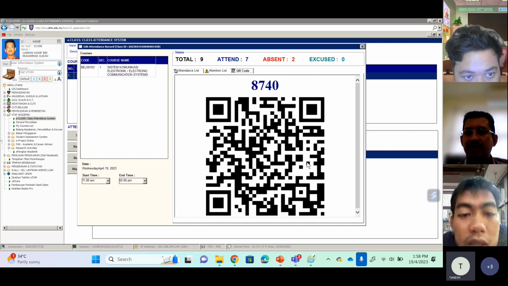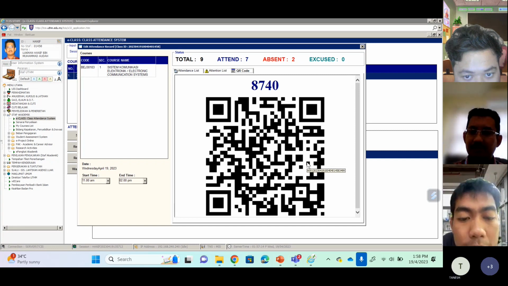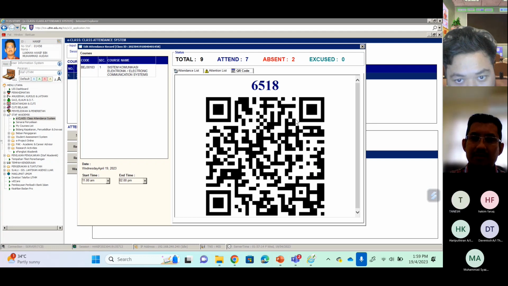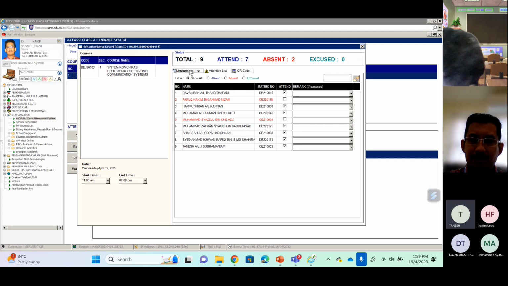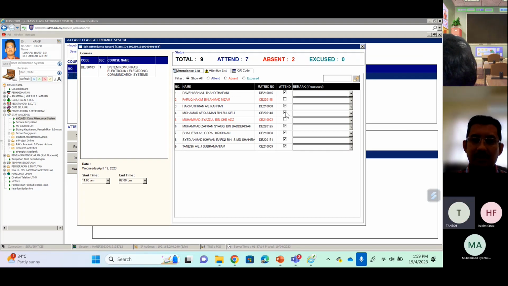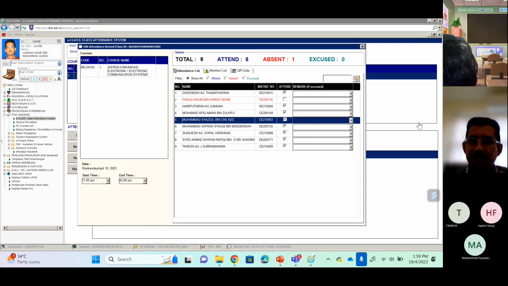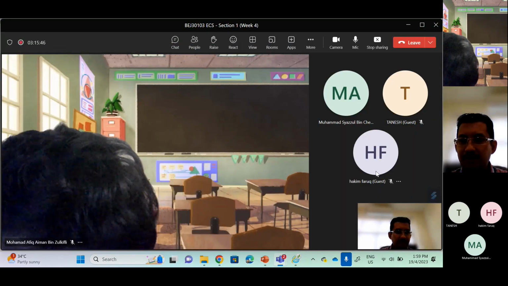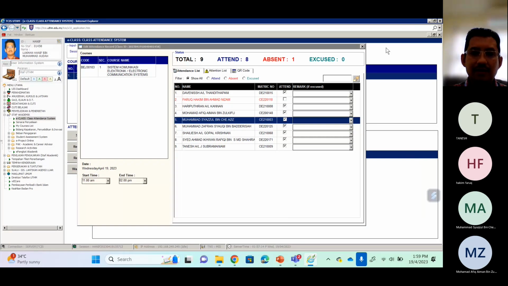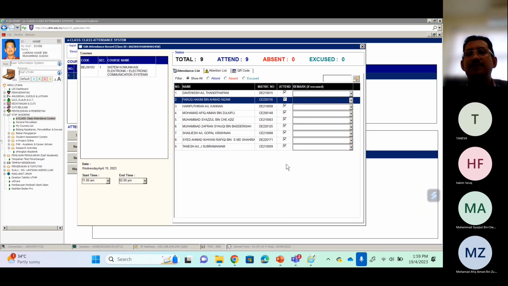Terima kasih, Doktor. Siapa lagi tak datang? Farouk, mana Farouk? Syazul tadi bukan ada? Syazul ada kan? Okay, Syazul ada. Farouk mana Farouk? Farouk ada. Kenapa Farouk senyap, tertidur? Okay, Farouk pun datang.